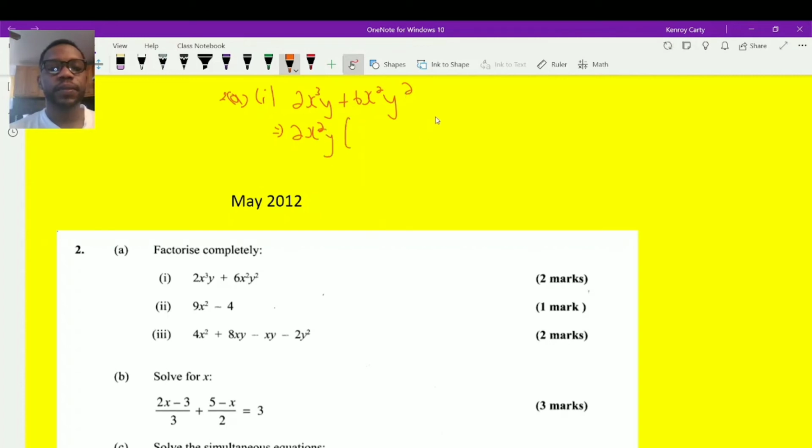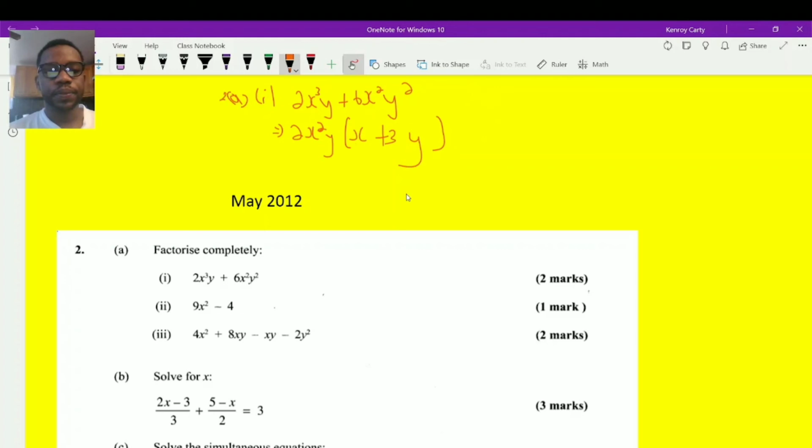Now what do you have left? 2 is gone. It was x cubed, you took out x squared, you have an x. It was y, you took out the y, that's gone. 2 into 6 is 3. You had x squared is gone. You have y squared, took out y, so you're left with y. Alright? Can't go wrong here.